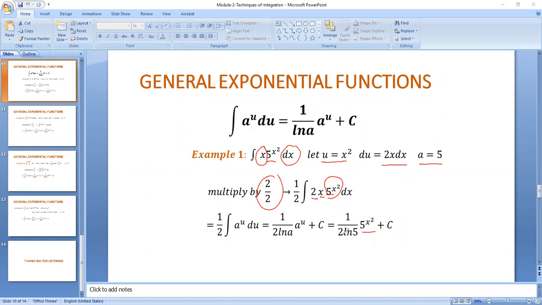So that is 1 over 2 ln of 5, and this is a^u. So this is your formula. If you compare it, that's your a^u, and this is your ln a. Okay? That's for exponential functions in which the base is a positive constant, not e, but rather a constant. Okay? Have another one here.